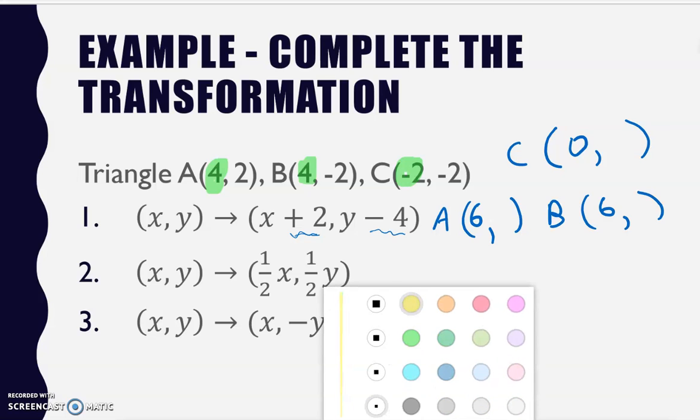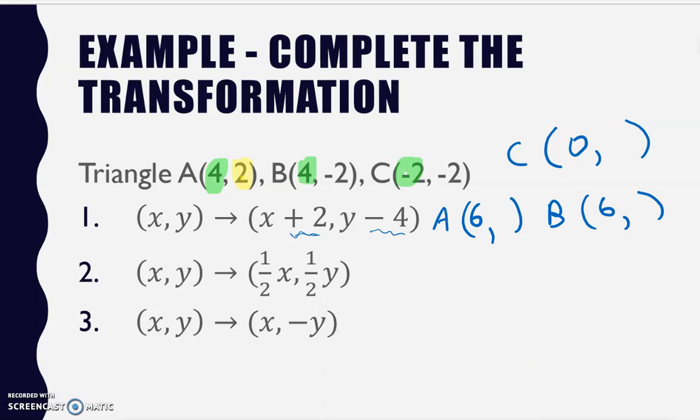And then every Y coordinate, I'm going to subtract 4, like it says. 2 minus 4, negative 2. Negative 2 minus 4, negative 6. Negative 2 minus 4, negative 6 again. And then you have your 3 new points of the translated image that you could graph. You don't have to graph for this one, but that's what you would graph if you were supposed to graph.